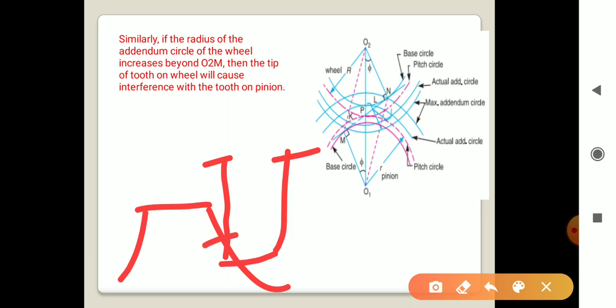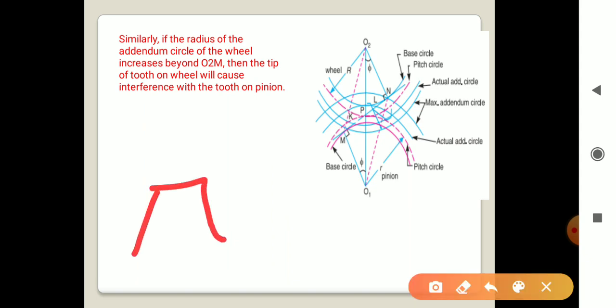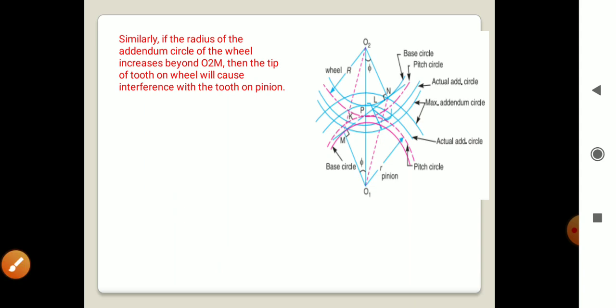This tooth will be cut by this tooth. Some pit will be there, and wear will occur here. So this wear is nothing but interference.